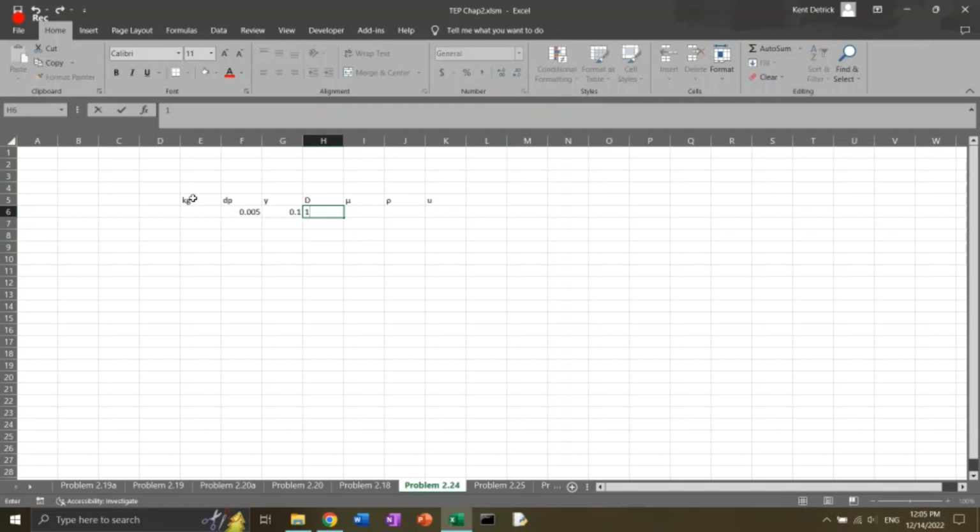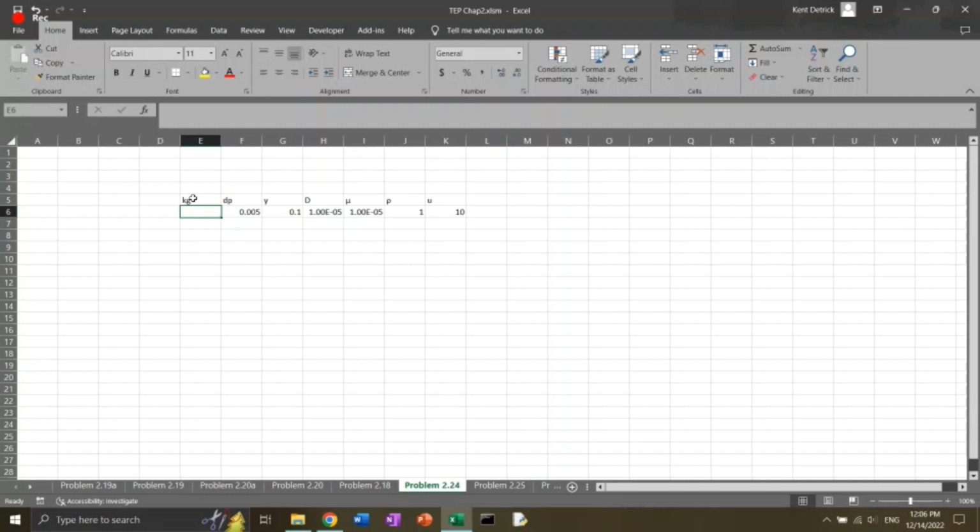D is equal to 1e to the minus 5. Mu is equal to 1e to the minus 5. Rho is equal to 1, and velocity is equal to 10. And this is all in SI units.